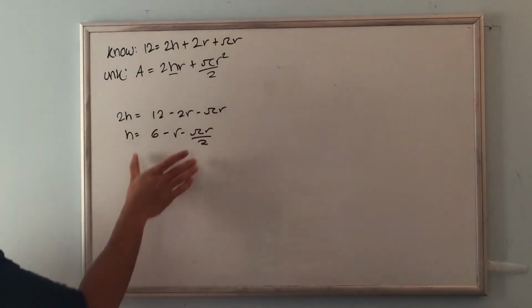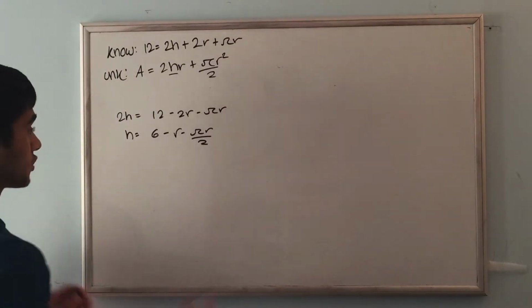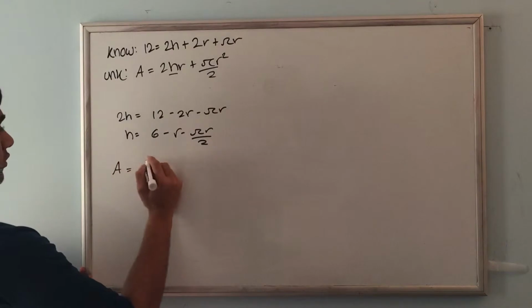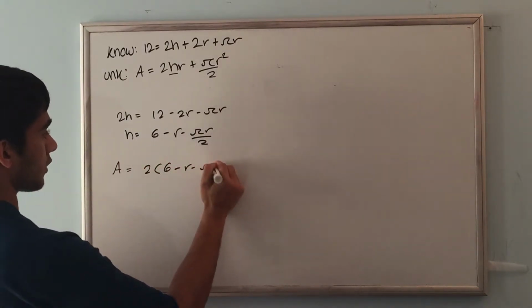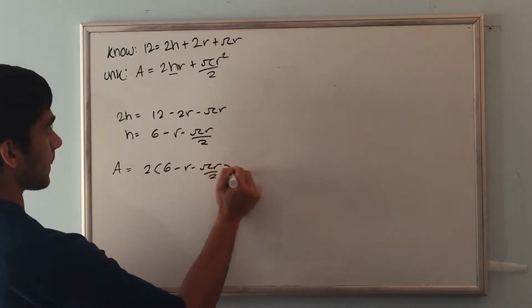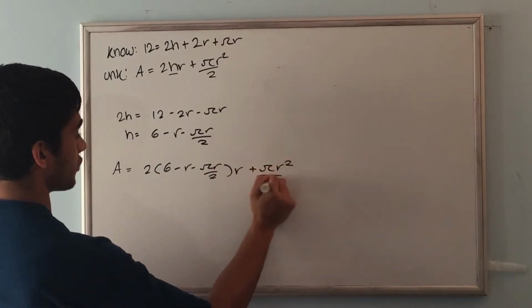So now we want to substitute this into the area equation, so we can get the area equation just in terms of r. So area equals 2 times (6 minus r minus pi r over 2) times r plus pi r squared over 2.